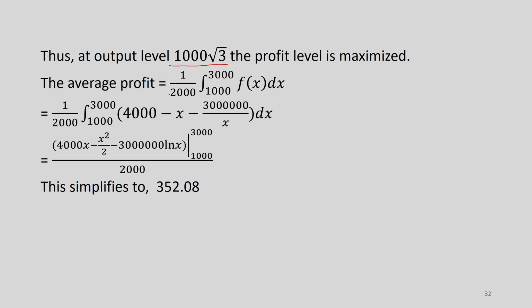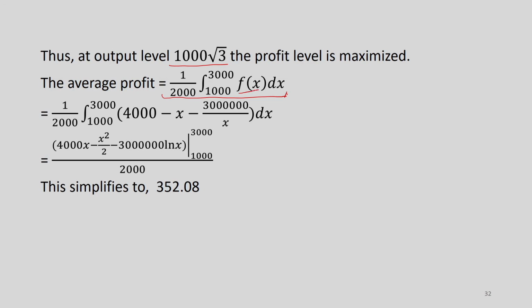Now, as we know, the actual output does not remain fixed at 1000 multiplied by root over 3. The actual output varies between 1000 and 3000. So, the average profit is this much. So, we have to find the integration of this.